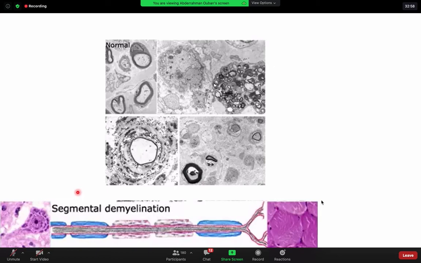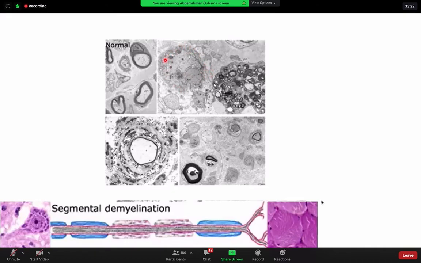All right. So if you take a look at this picture right here, the upper left is normal. All of those nerves are myelinated axons in this case. Now, if you look at this picture right here, this is actually severe diminution of the myelin.